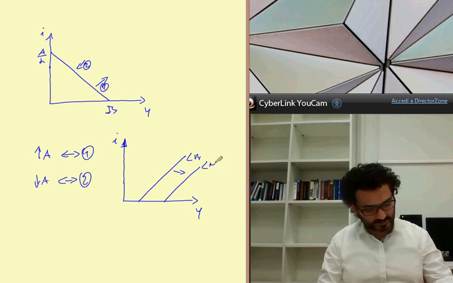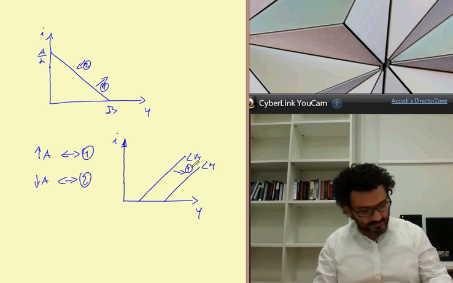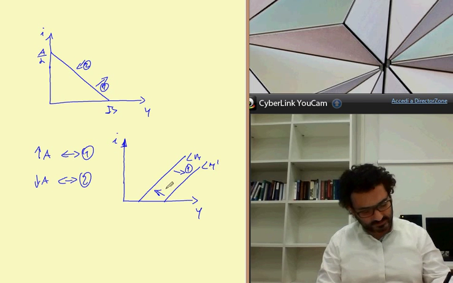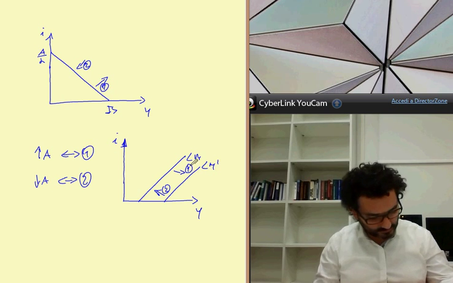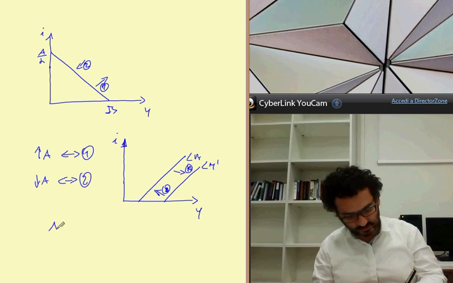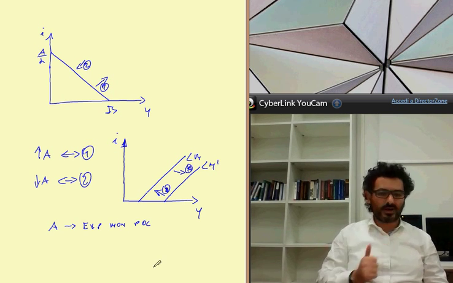It's better to call them A and B. So expansionary monetary policy shifts the LM to the right.